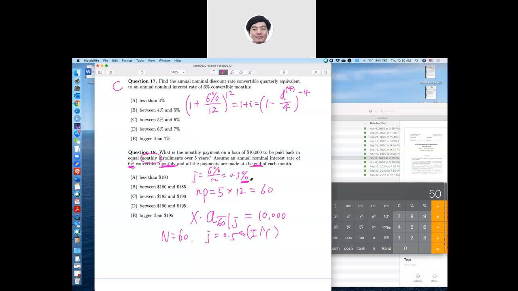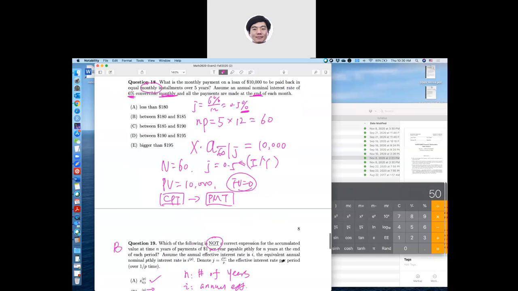You will also need to know the present value. There's no future value, so there's nothing coming in by the end. Then you compute CPT, PMT, and you get the answer from your financial calculator.